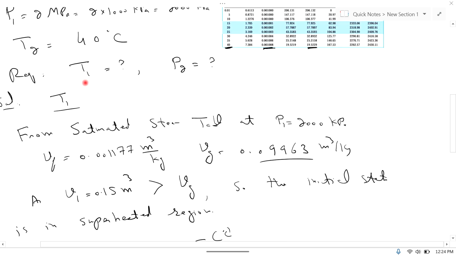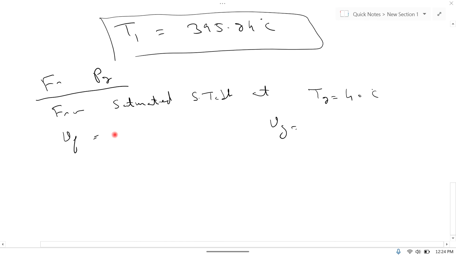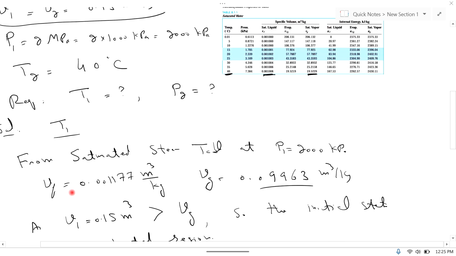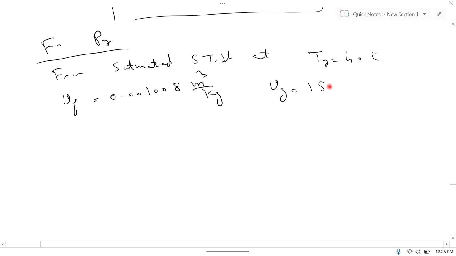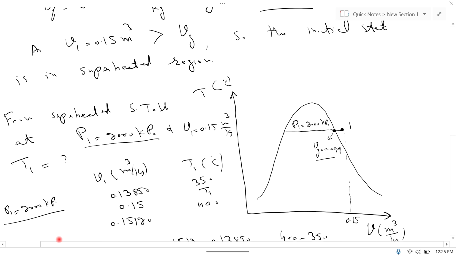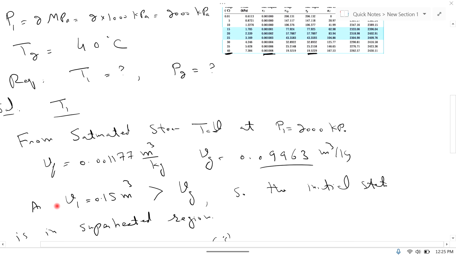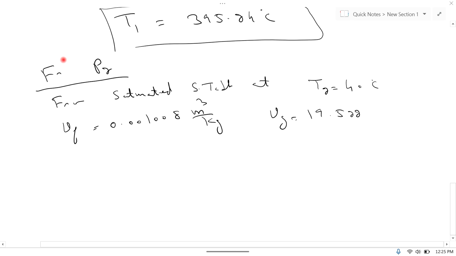Vf is 0.001008 meter cube per kg, and Vg is equal to 19.5229 meter cube per kg.